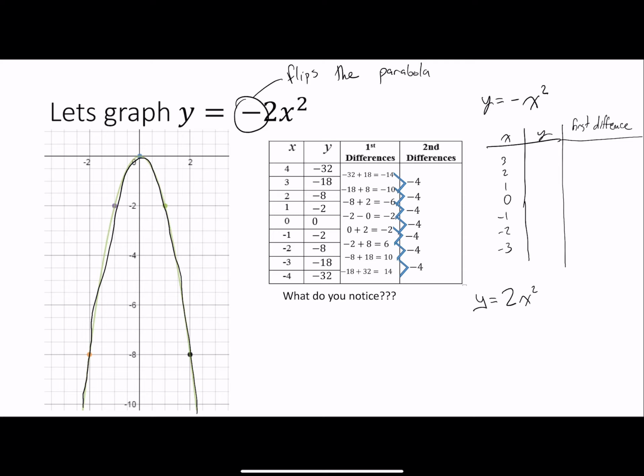And what you should notice about this specific graph is that my step pattern has now increased. Instead of taking 1 step, I'm now taking 2 steps. Instead of taking 3 steps, I'm now taking 6 steps. Instead of taking 5, I'm now taking 10 steps. We can see that from there. And what changes this step? Is this 2 right here.